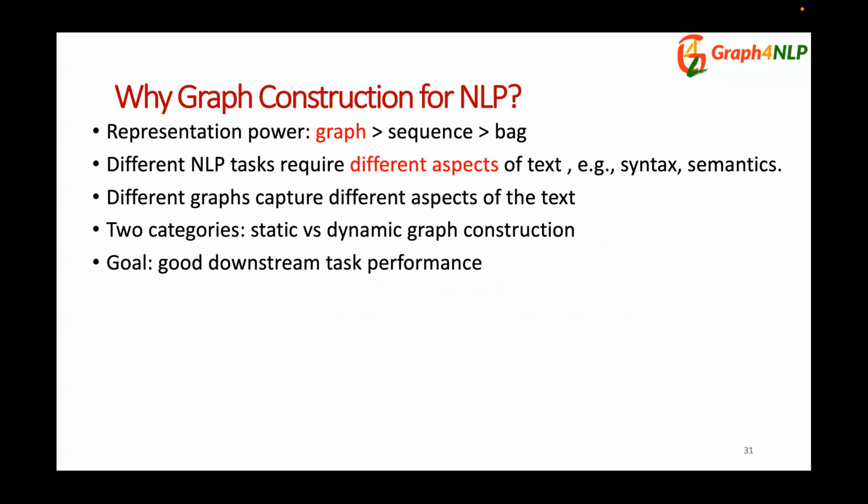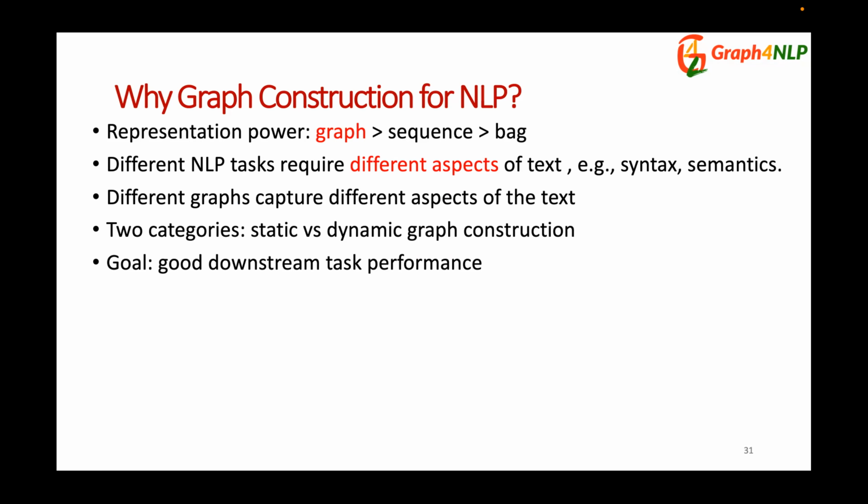As Linfei just introduced, there are three typical ways of representing text: bag, sequence, and graph. Among these three approaches, graph has the strongest representation power because it can capture rich and diverse information about the text.